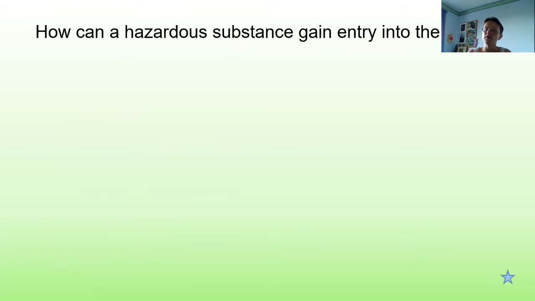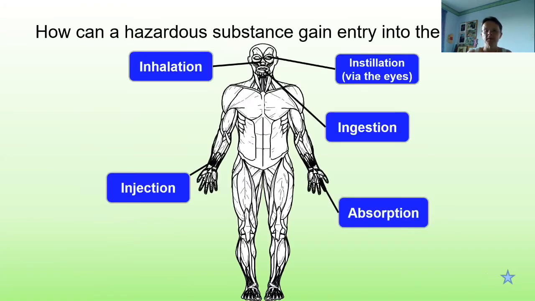So if we've got a hazardous substance, think about those forms. How's that substance going to gain entry into my body? We've got a variety of different routes of entry. Inhalation through the nose, ingestion through the mouth, absorption through the skin, injection is via a punch or a sharp going through the skin, and instillation via the eyes.